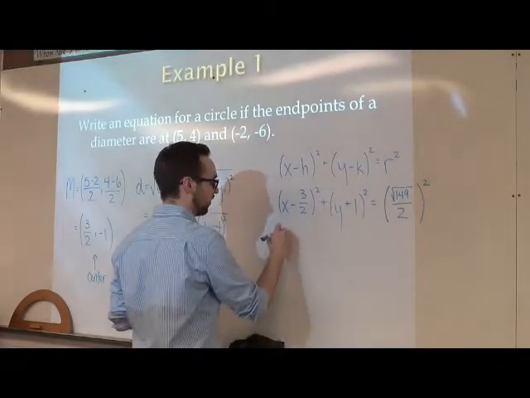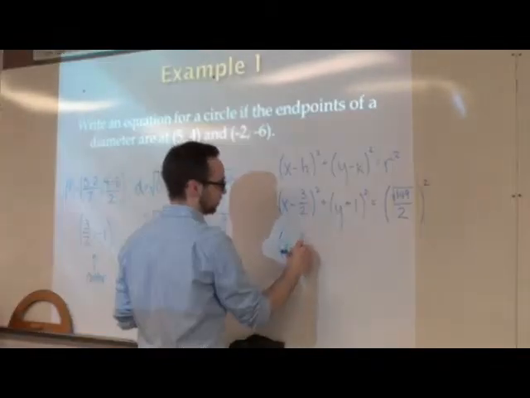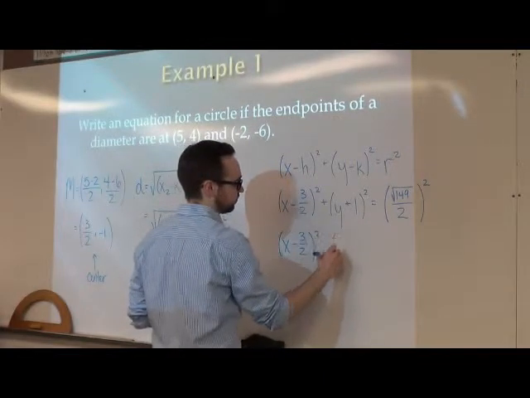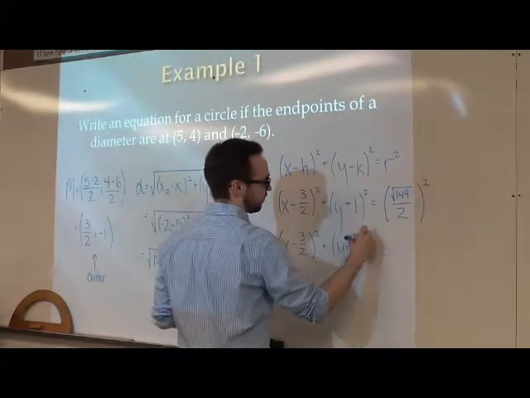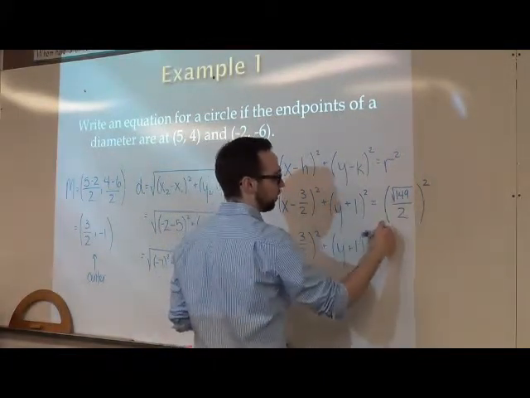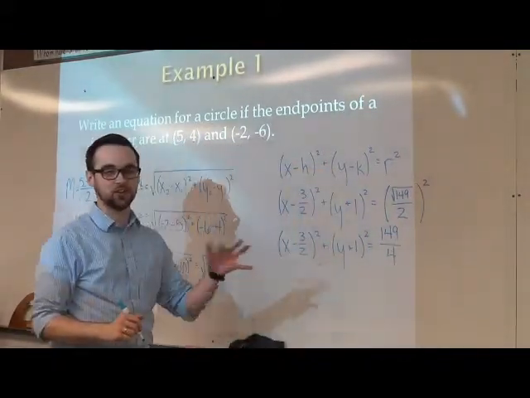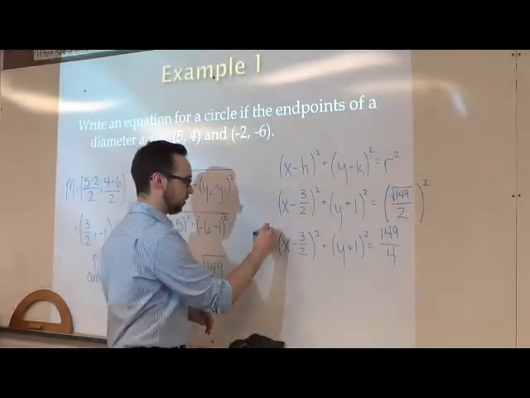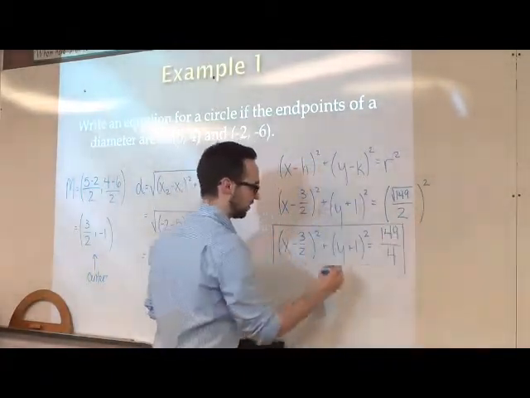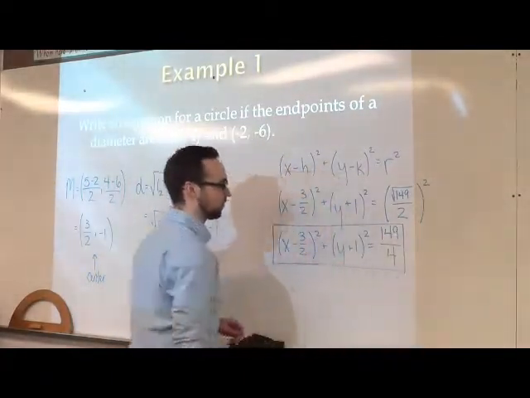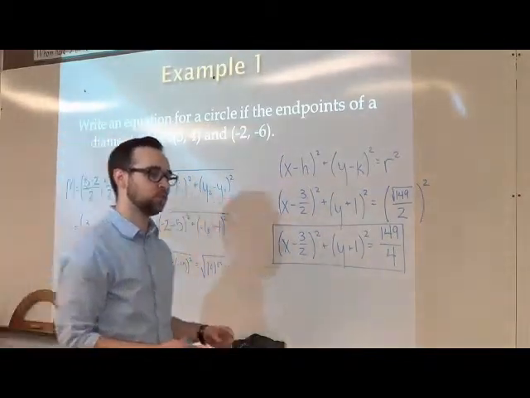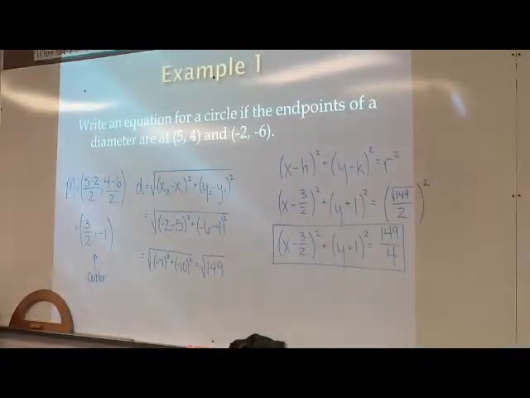So we don't have to square any of this out, we can leave this all as is. This I'll square, so I end up with 149 over 4. And you can leave it like that, you can divide that out and get the decimal. I'm okay with either way for that. So this is our final answer for the equation of a circle with diameter at those particular endpoints.